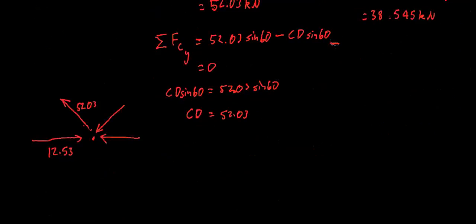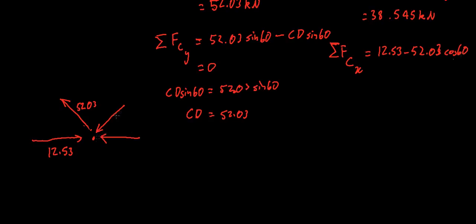So the sum of all forces at point C in the x direction is equal to 12.53 minus 52.03. Let me just write that properly. 52.03 cos 60.